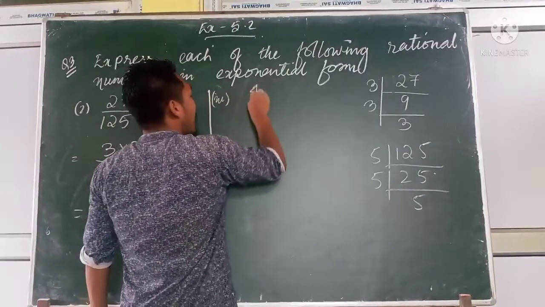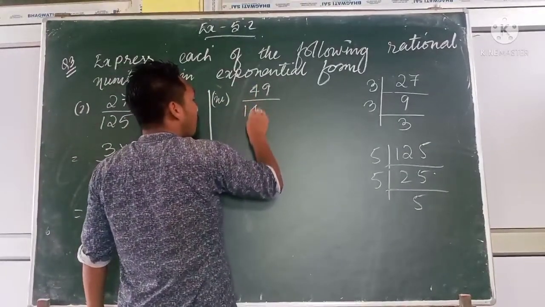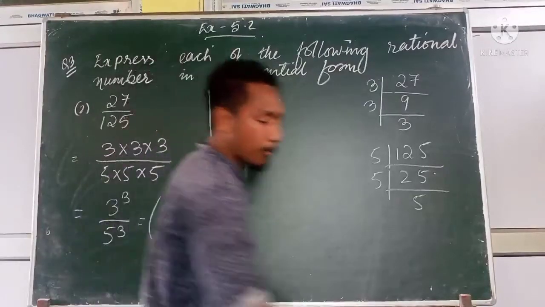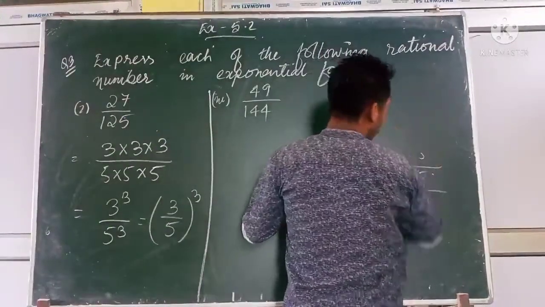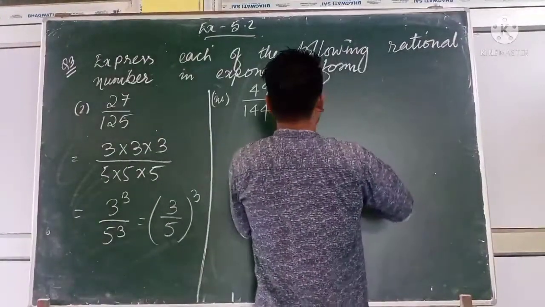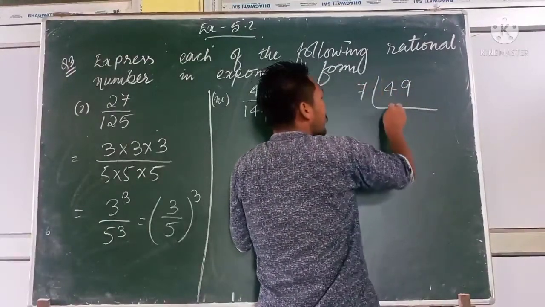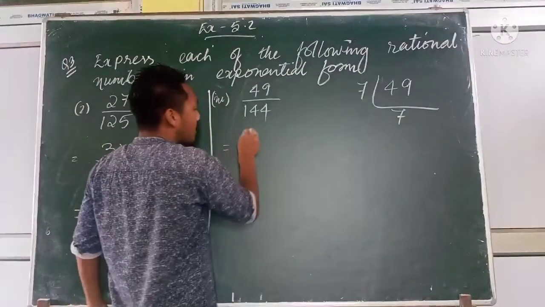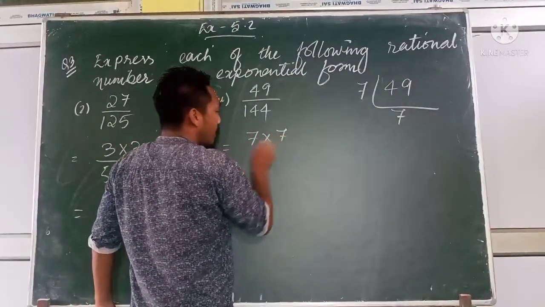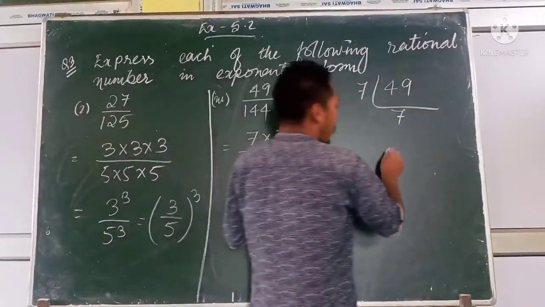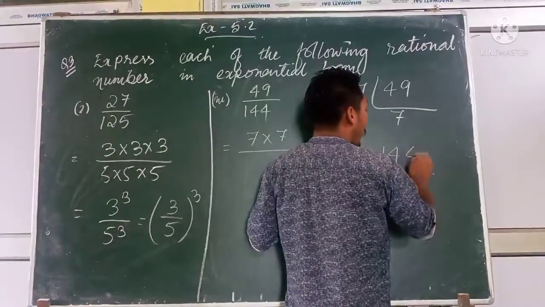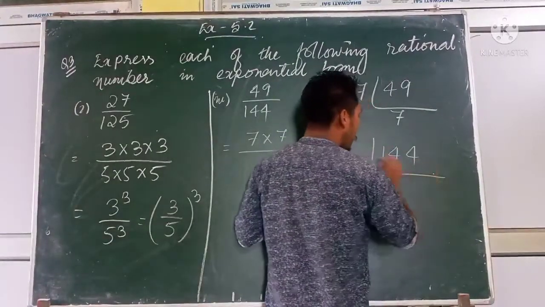Next, we have the question 49 by 144. If I talk about this 49, I can write it in this way: 7 7s are 49, so I can write 7 into 7 divided by 144. I can write this 144 like this.